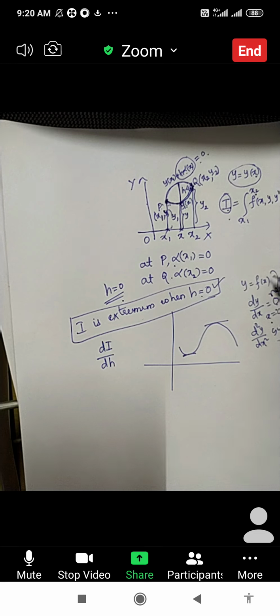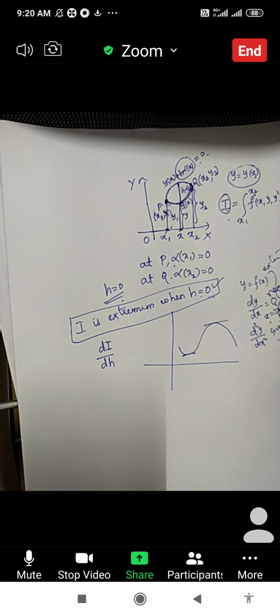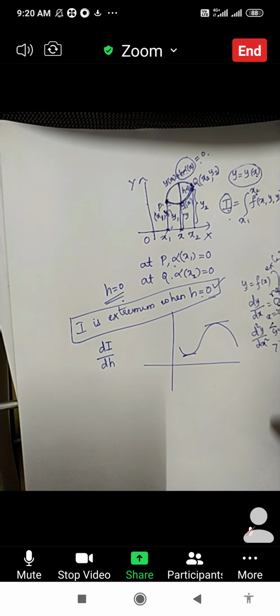For any function to have extremum, derivative of that function with respect to the independent variable should be 0. Correct? From that we'll get critical point. Then we'll substitute that in the second order. Less than means maxima, greater means minima. This is the whole procedure.